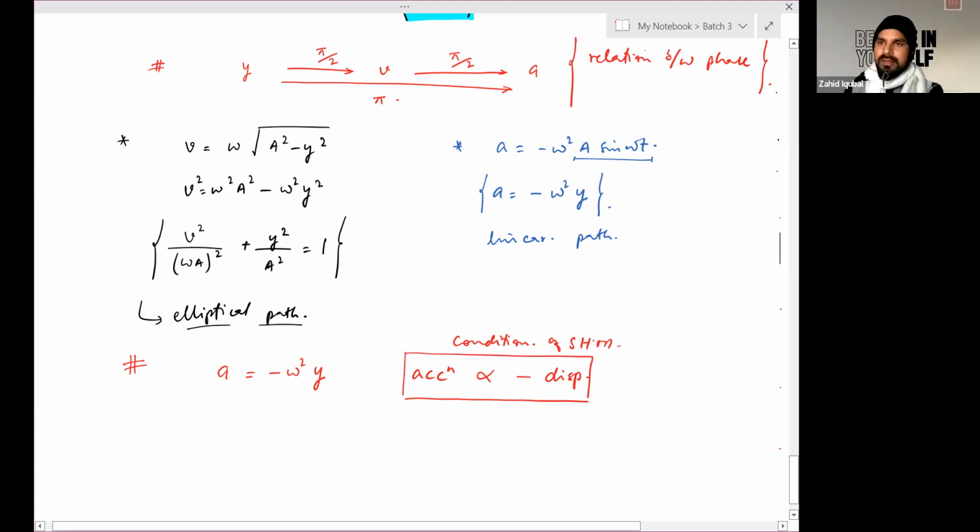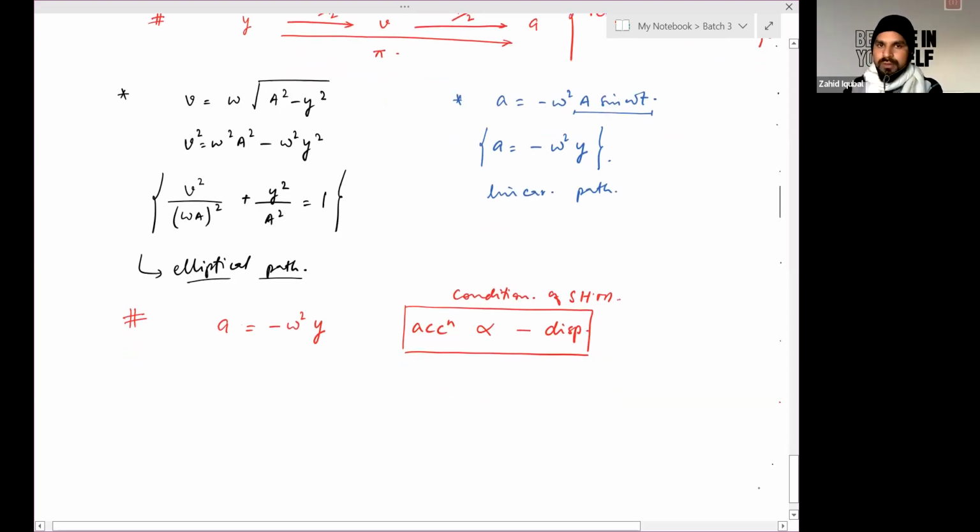Now, you will be asked to derive the general differential equation of SHM.